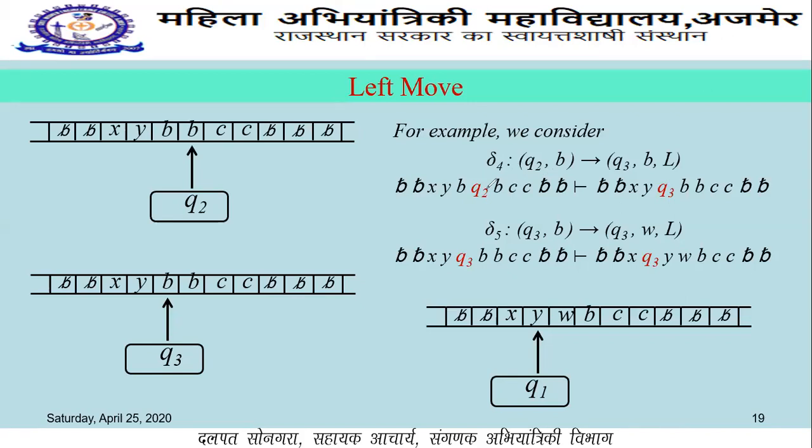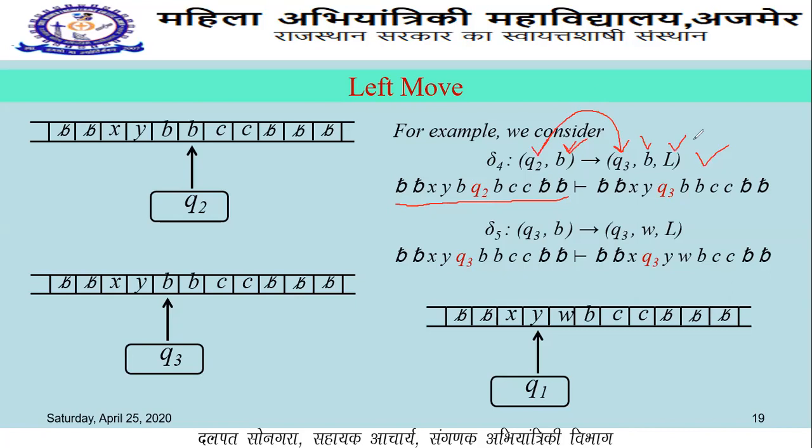In this, suppose our current instantaneous description is this, where we are at state q2 and we're reading b, and according to this delta or transition function, whenever the Turing machine is in state q2 and it reads b, then it changes its state from q2 to q3 and overwrites this b by b again and moves left hand side.